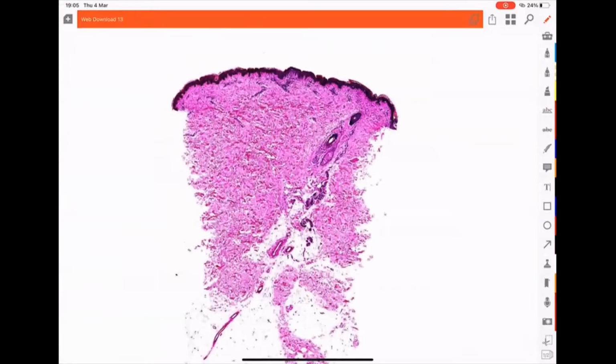Now, you have a question from Dr. Mariam Jamil. She is asking, what if I don't give a differential diagnosis and I'm very confident about my diagnosis? That's absolutely fine. However, there are situations where you must give a differential diagnosis, and this will include the small round blue cells.